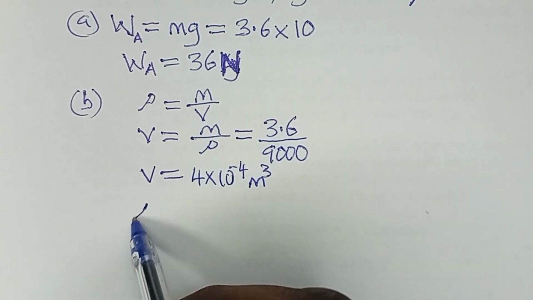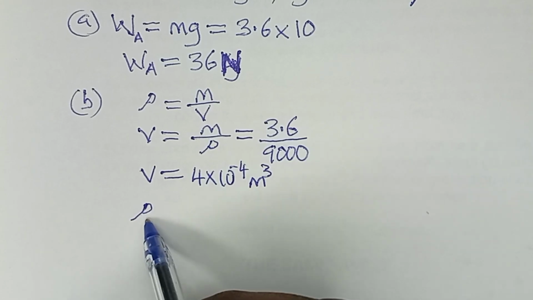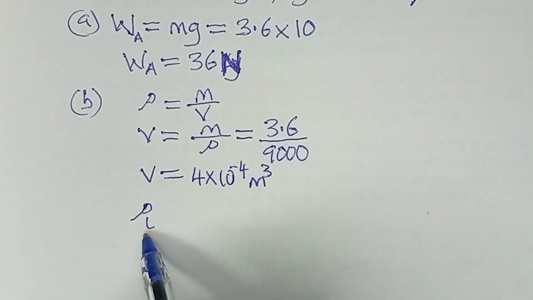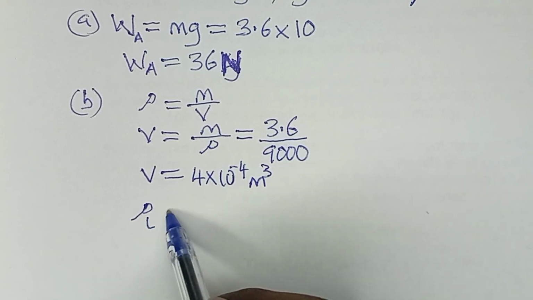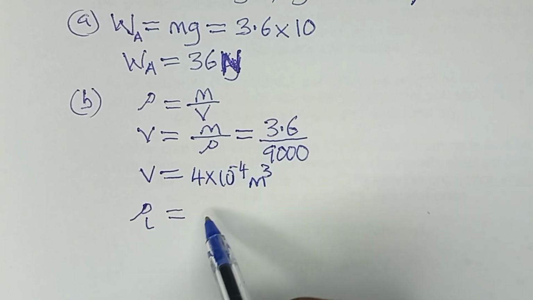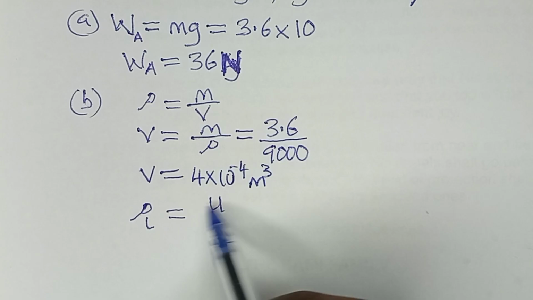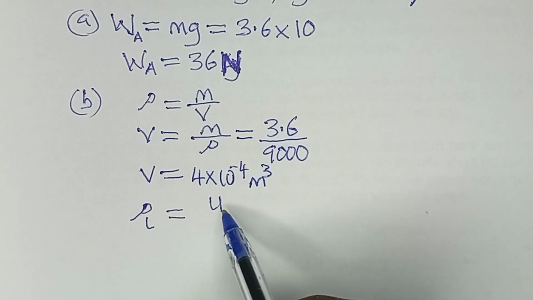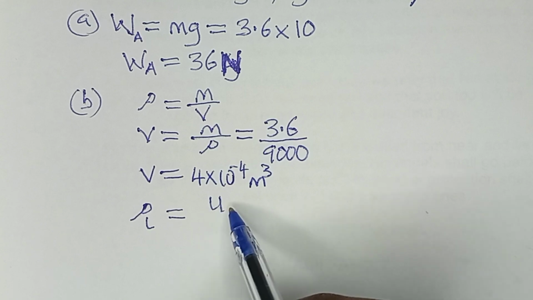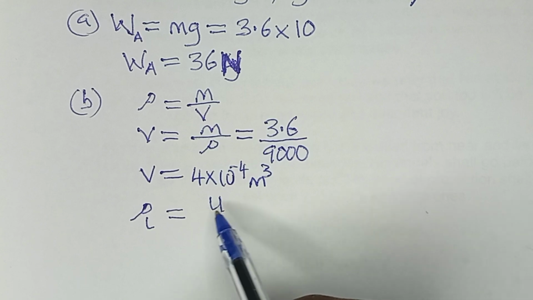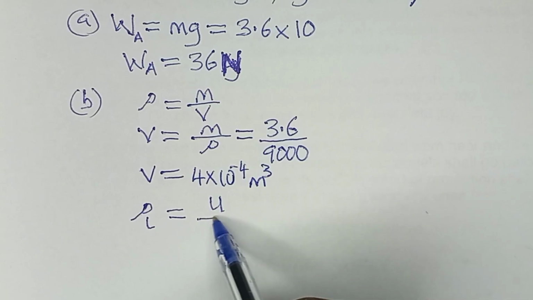Now, when an object is immersed in a liquid, the density of that liquid is equal to the upthrust that object experienced, the upthrust in water, which is the loss of weight in water, or since it is water now, the loss of weight of that object in the water or in a liquid, as the case may be, all over the volume of the object.